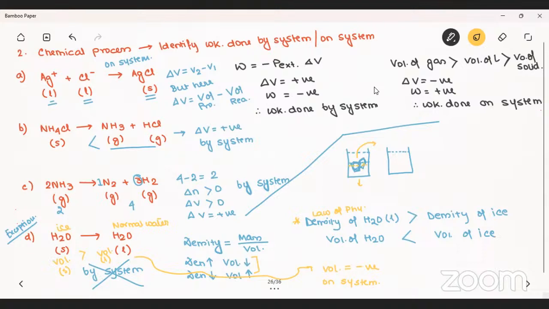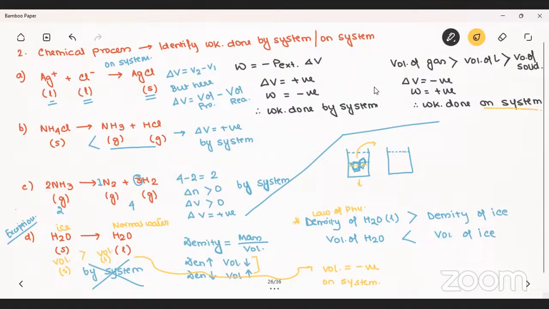I told you to calculate this delta V from product minus reactant. Here this is less, this is more. So if I subtract this minus this, obviously you will get the volume in negative. And what does negative volume change mean? It means work on the system. So this is on the system. Okay. Yes, ma'am. Now, whole part is clear?